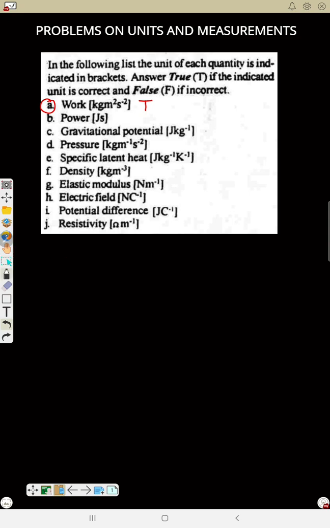So B part, power is work over time, and the unit of work can be joule or Newton meter. So joule, time is in second. That means this can be joule s raised to power minus 1, or joule per second.